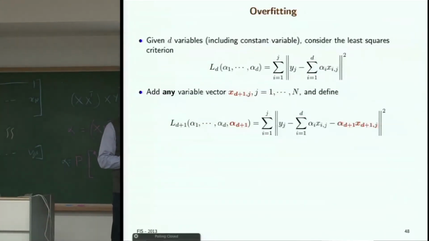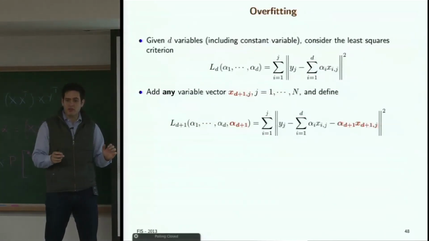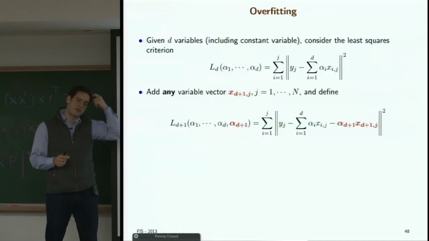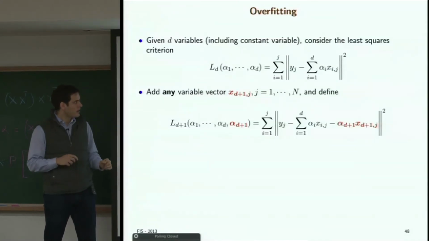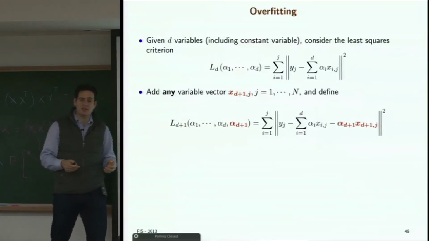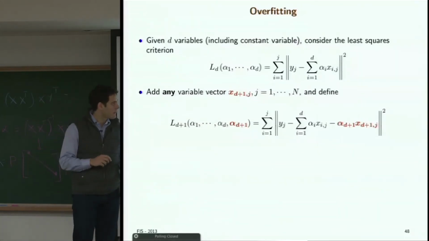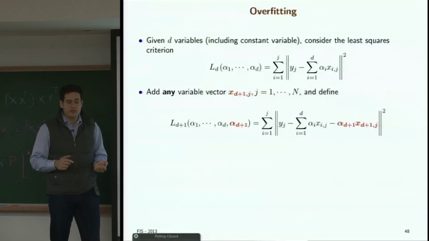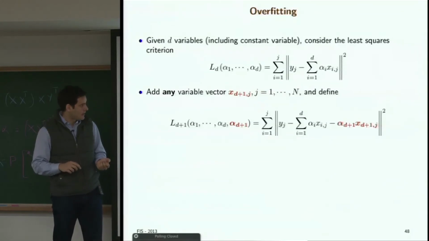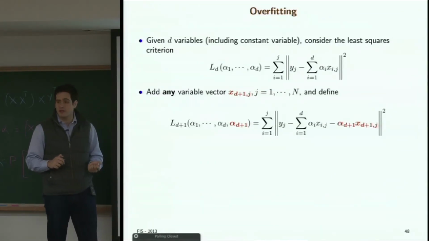So here is I think the most important observation you can make at the end of this lecture. Suppose we are given d variables. Okay, you have this real estate agency, someone gives you d variables, including the constant variable. Consider the least squares criterion.